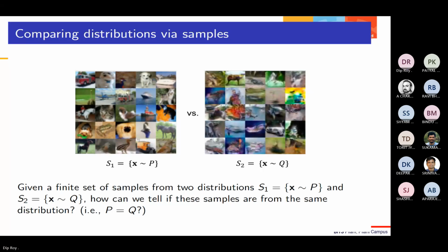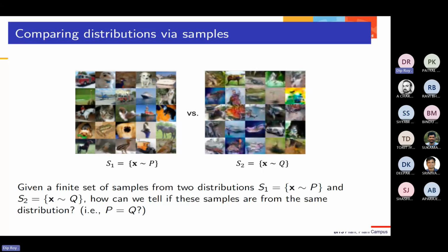Now, the key question is, if I pick up an image from sample S1 from distribution P, and if I pick up a sample S2 from distribution Q, and if these two samples look alike, that means that both my distributions are the same.